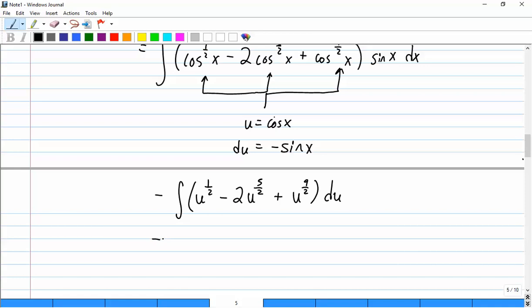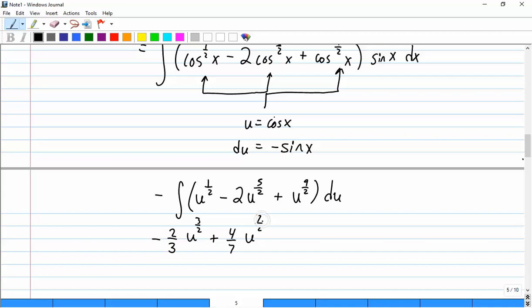All right, so those integrals are now easy. 2/3 u to the 3/2. I'm going to go ahead and distribute the negative and do the integration. So that's going to be negative 2/3 u to the 3/2 plus, what's that going to be? You're going to multiply by 2/7, so it's going to be 4/7 u to the 7/2, right?